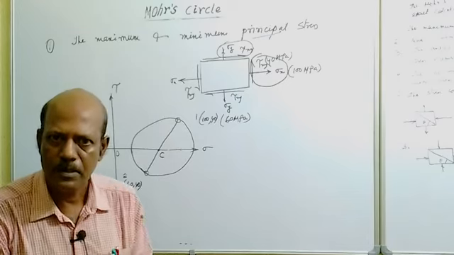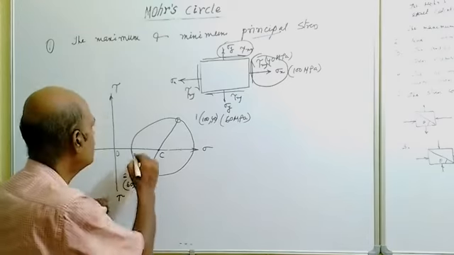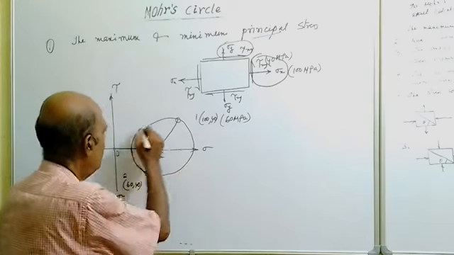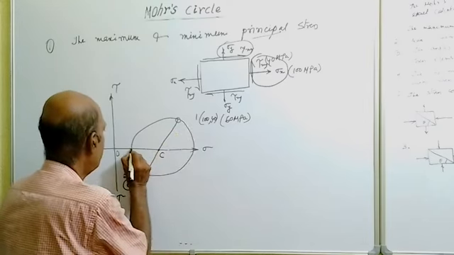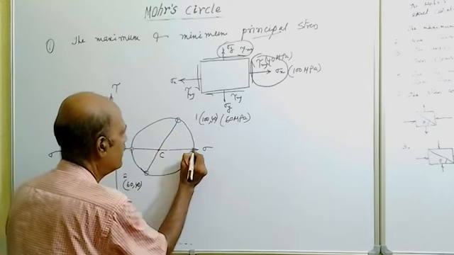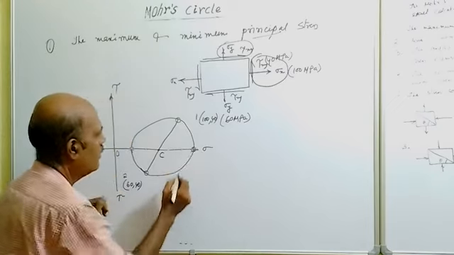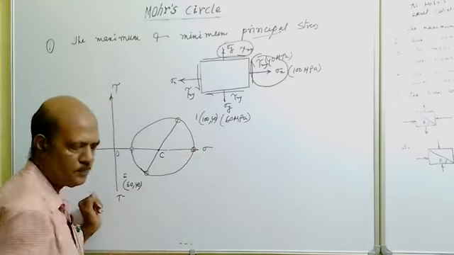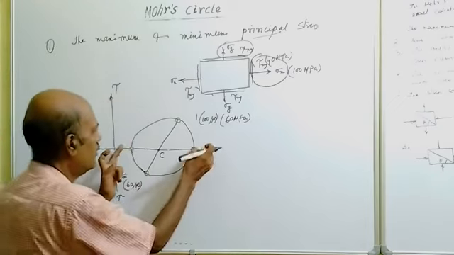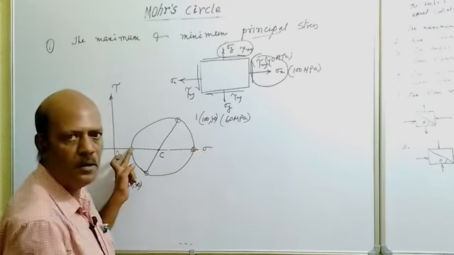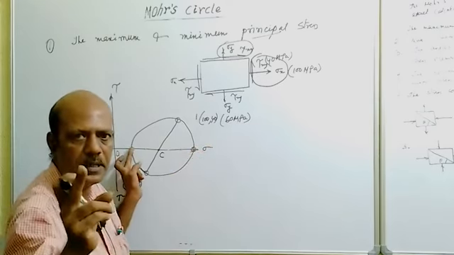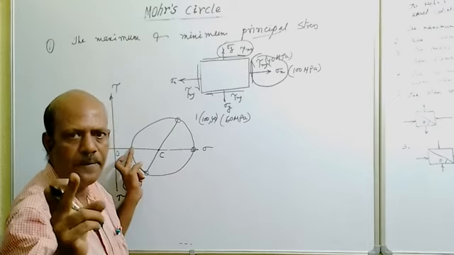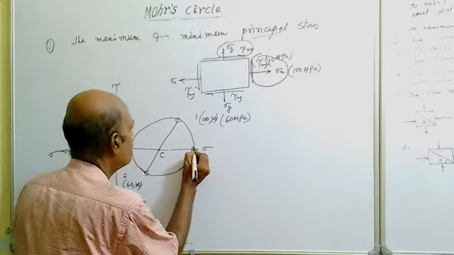In this circle, we can see this point and this second point where the tau value will be 0. So these two points indicate the principal planes.